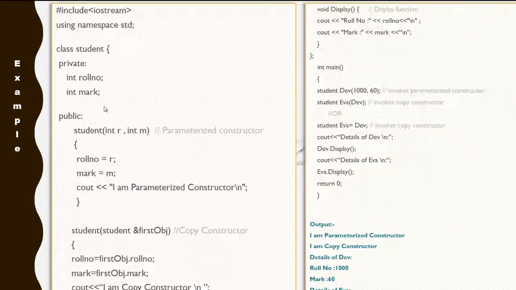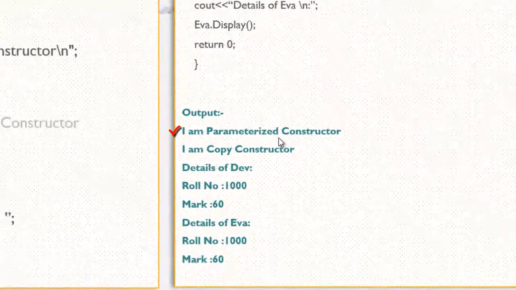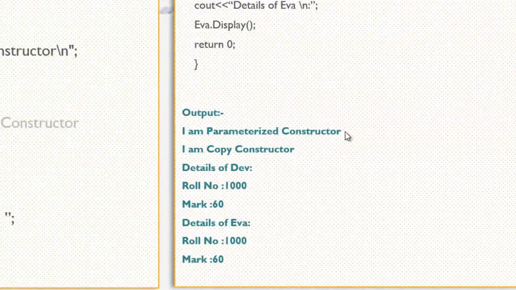Roll number and mark are the members of this class. So, roll number and mark of the Dave object is initialized with 1000 and 60 respectively, and the cout statement works there. I am parameterized constructor. So that would be the first output statement.